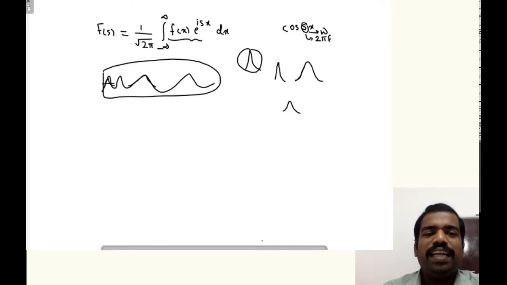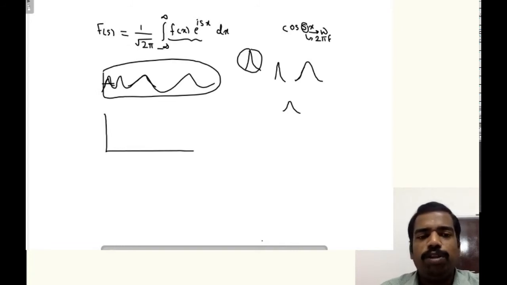So that we can get a frequency spectrum. So what this Fourier transform is actually doing is it just convert the space domain or time domain signals to frequency domain.